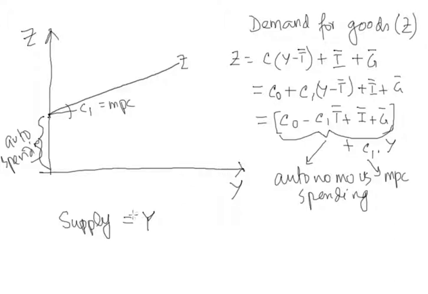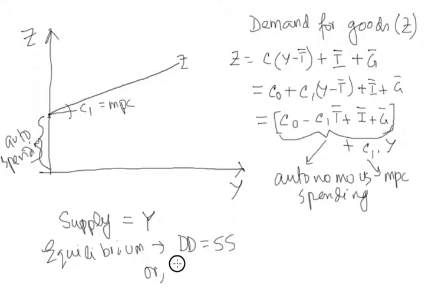So if we want to find the equilibrium, the definition of market equilibrium is demand equals supply, or Z equals Y, or I'll write Y first.